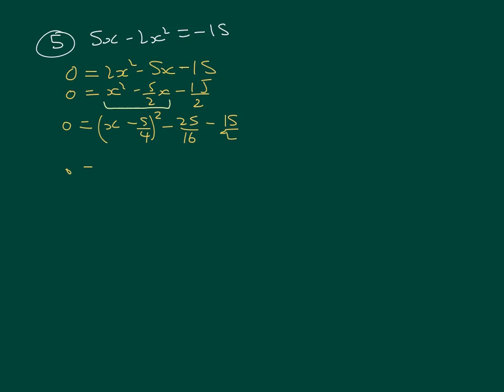So 0 equals x minus 5 over 4 squared, and then minus 25 over 16, and to make the common denominator 16 we have to multiply top and bottom by 8, so we'll have 120 over 16, which is going to leave us with minus 145 over 16.